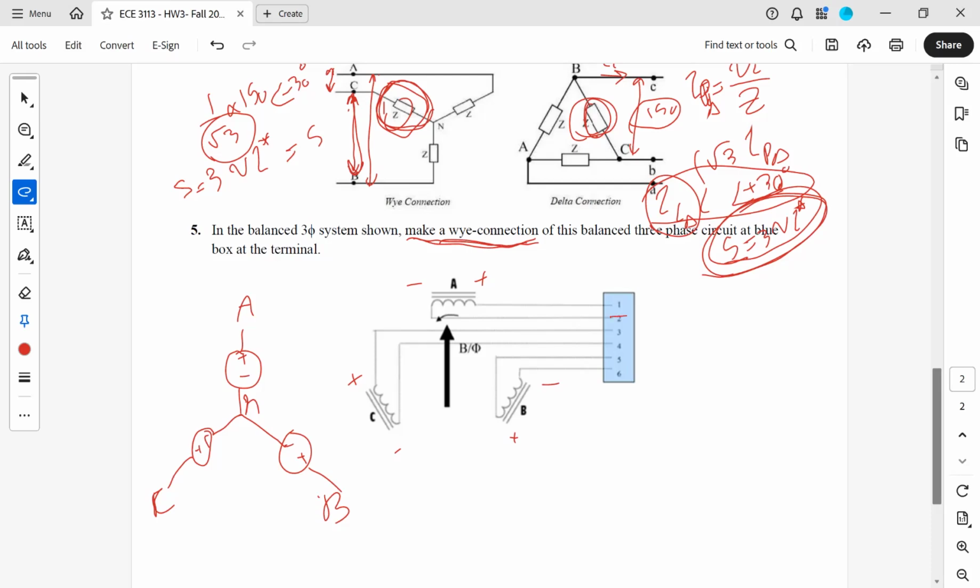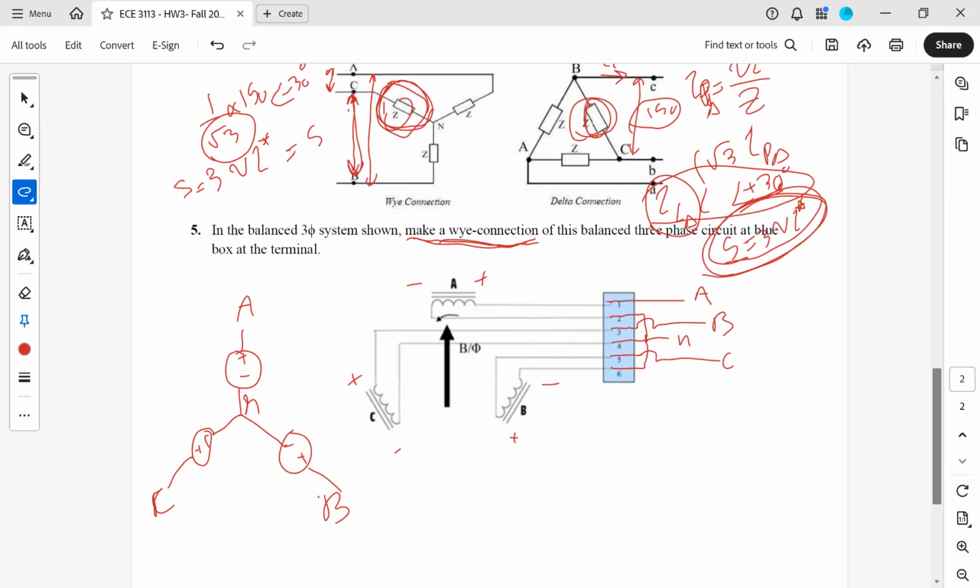So terminal 2, terminal 4, and terminal 6 are connected to each other, and they all represent the neutral point. And all the positives are connected to the phase voltages that we want to get out of this three-phase system: terminal A, terminal B, and terminal C. This way, we could make a Y connection.